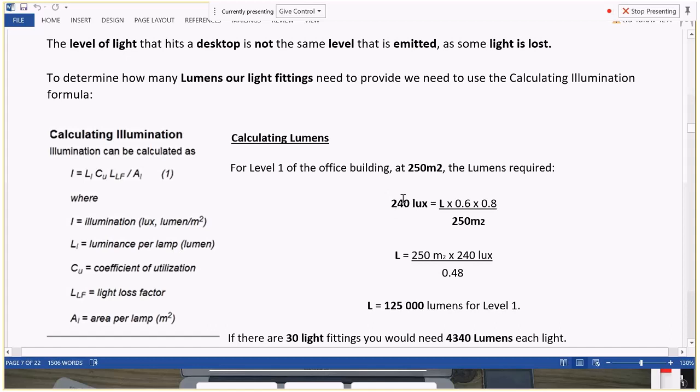So in this example in the classroom, we need 240 lux. So 240 lux equals our lumens per lamp. That's what we don't know. We've been given our coefficient of utilisation and our light loss factor. Let's say, for all intents and purposes, that's not going to change.